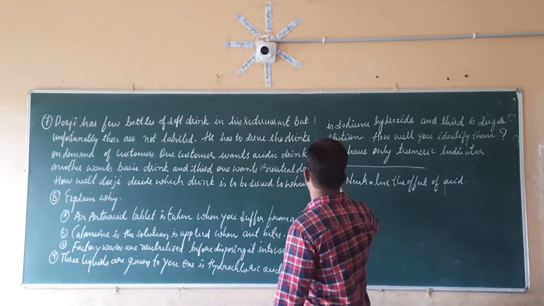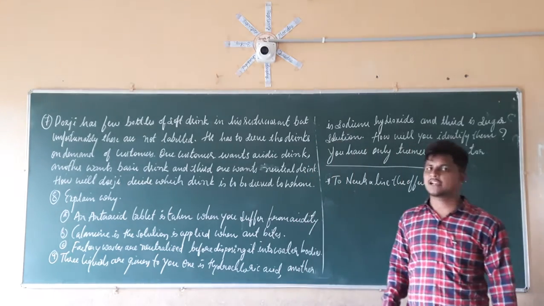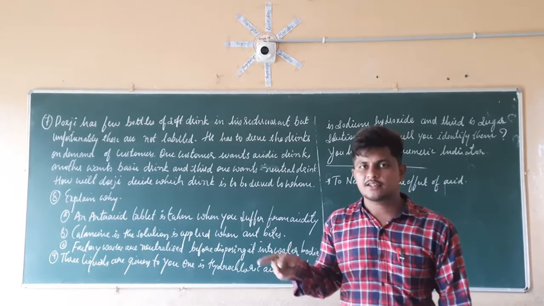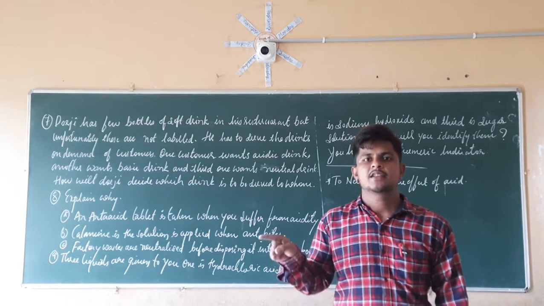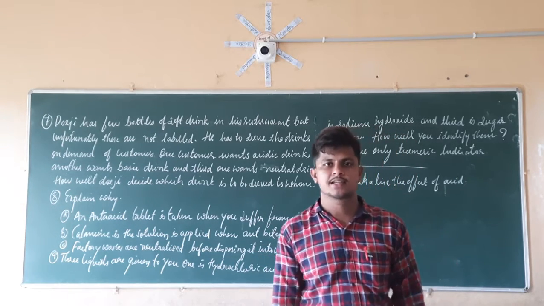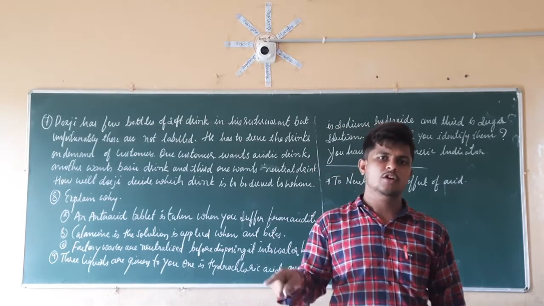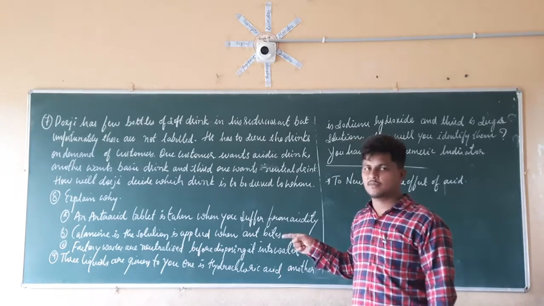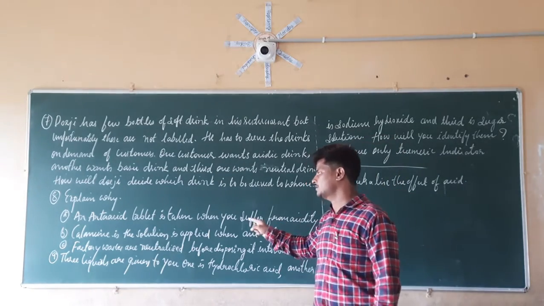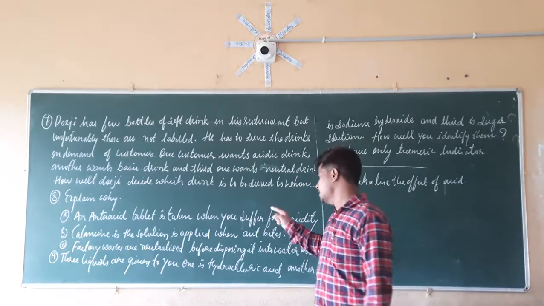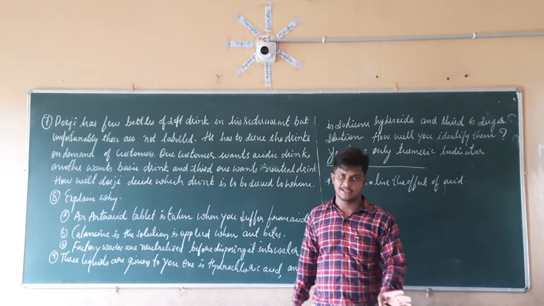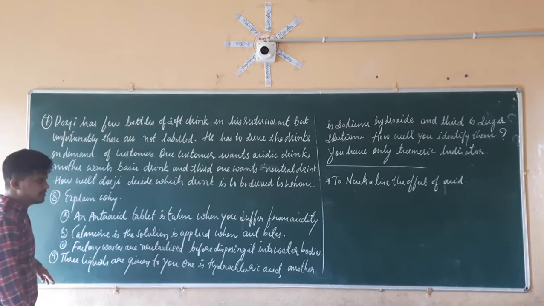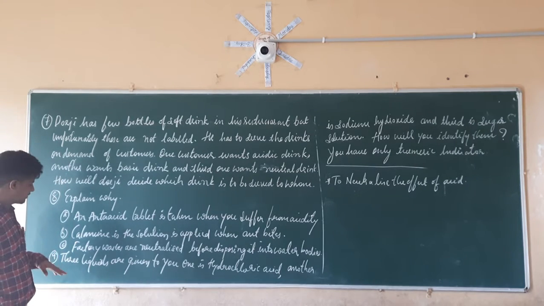When it reacts with that formic acid, it is going to neutralize the effect of the formic acid, so there will be no more burning sensation as well as no more swelling. For that reason, calamine solution is applied when an ant bites. Right.